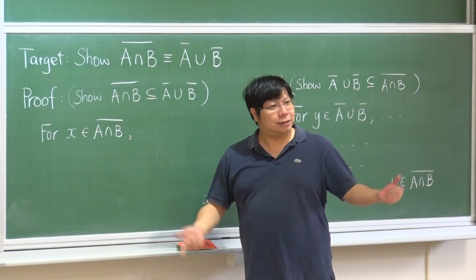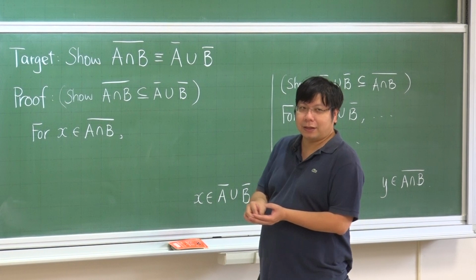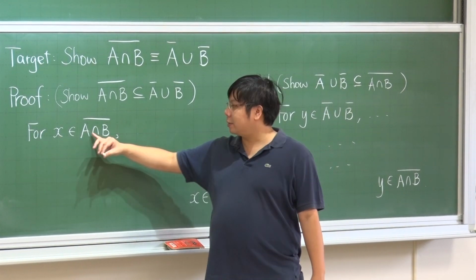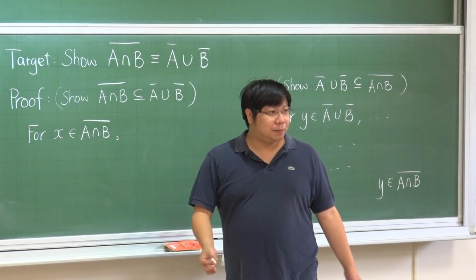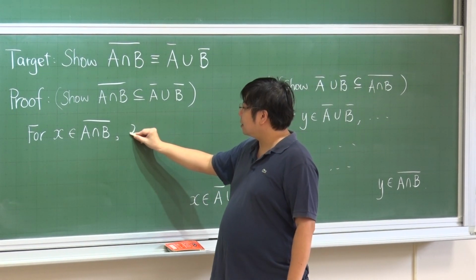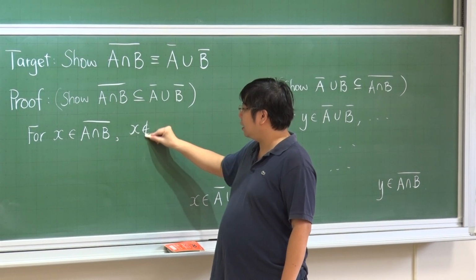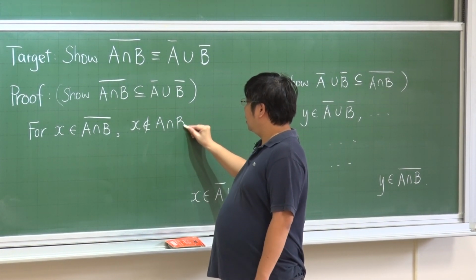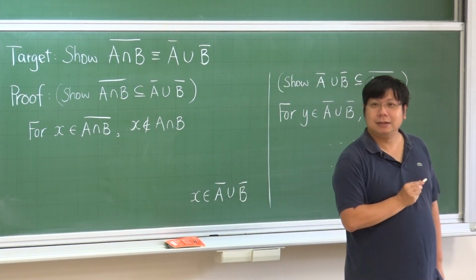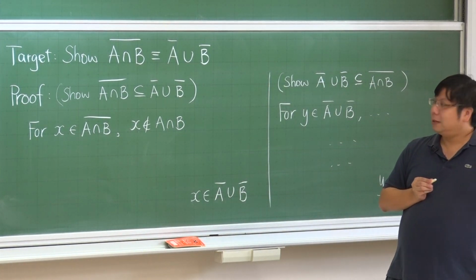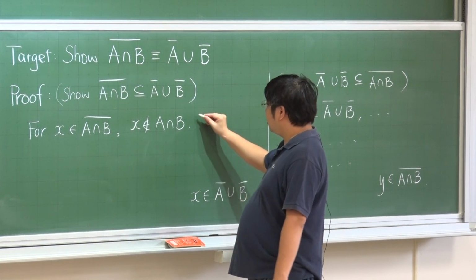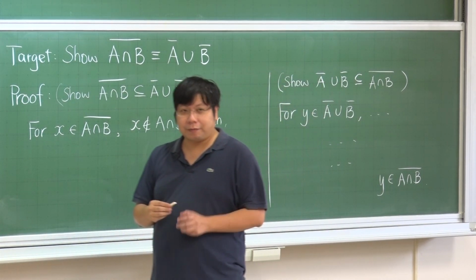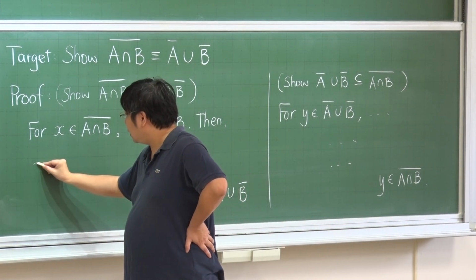For X, let's fill in the details. If I tell you that X is in A intersect B complement, then that means that X is not in A intersect B. Does that make sense? Now, if X is not in A intersect B, then what do we have?